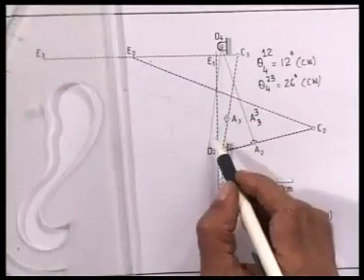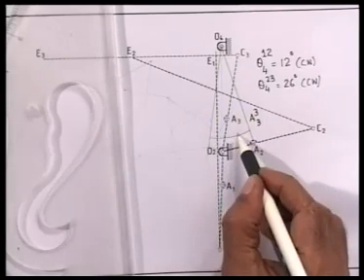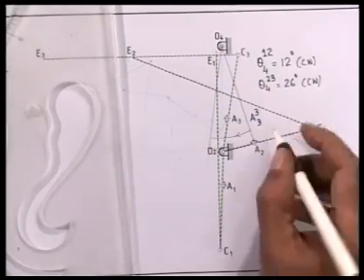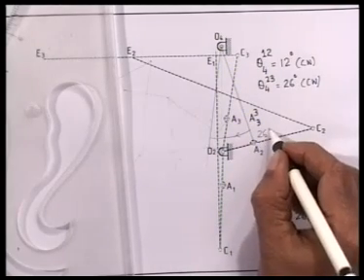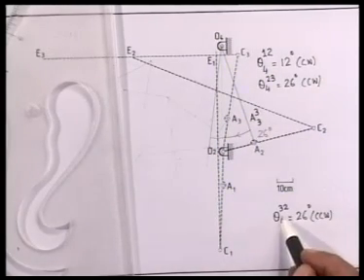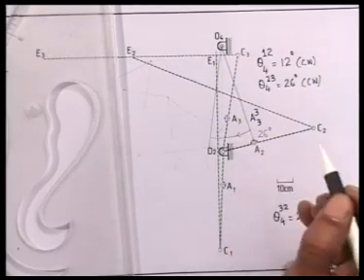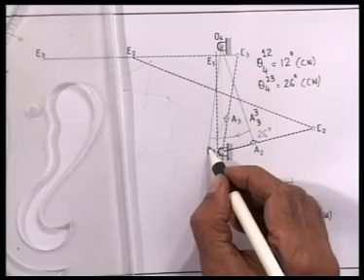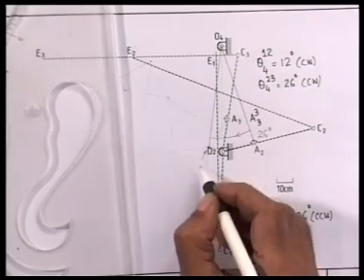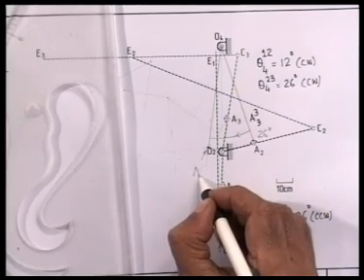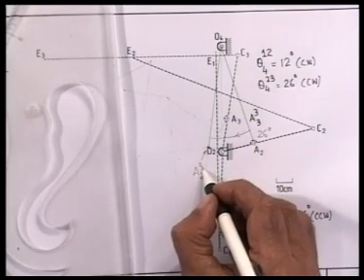This angle, this rotation is 26 degree, because minus theta 4 3 2 is 26 degree, and this point I mark as A2 inverted on the third position, A23.